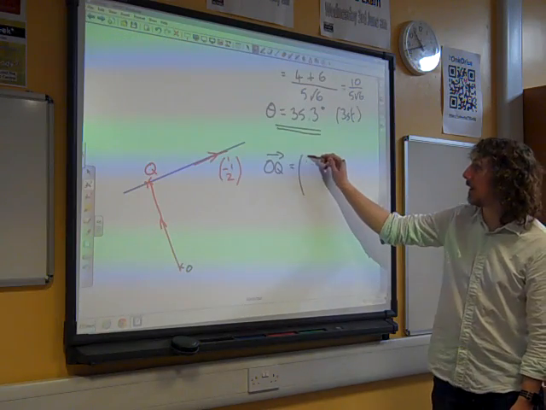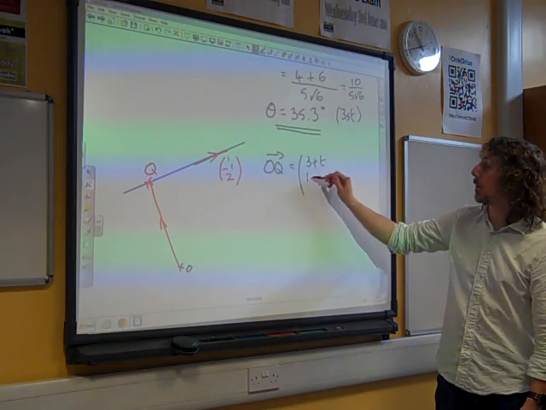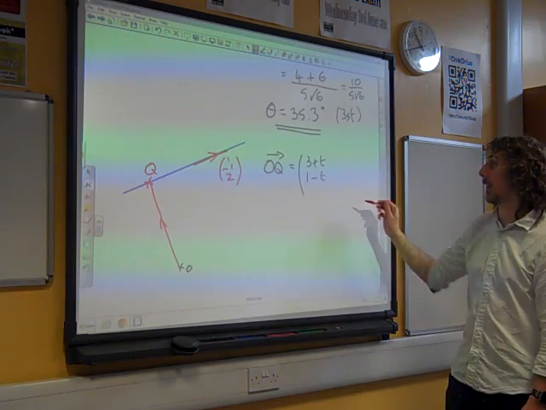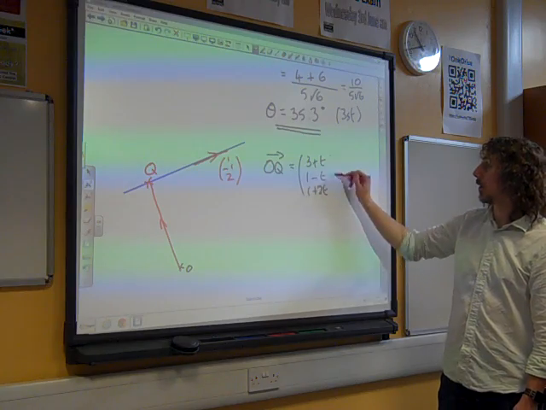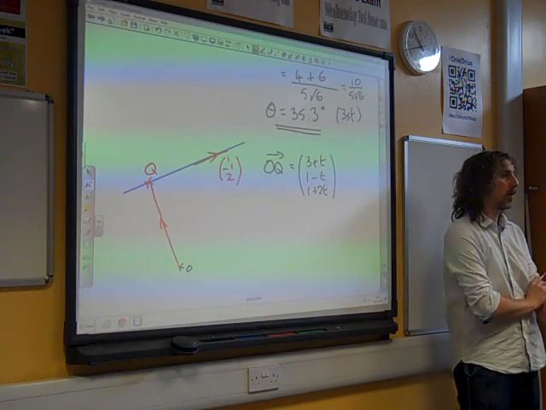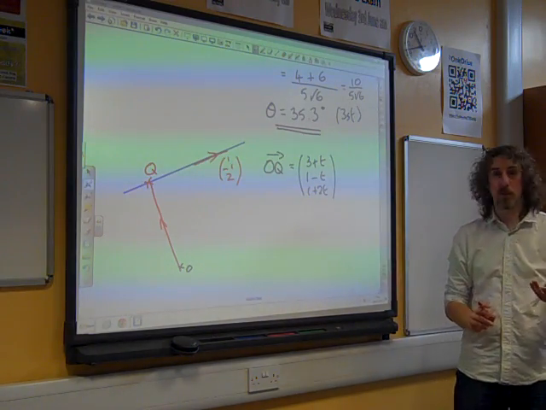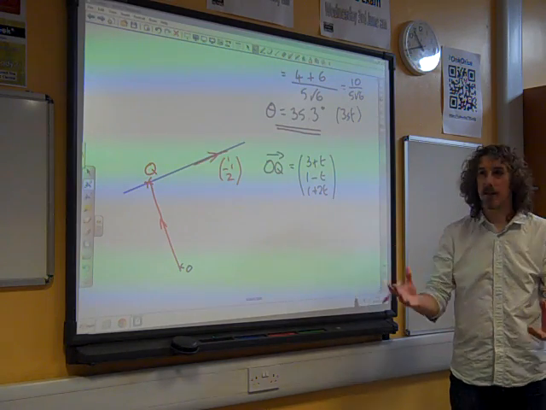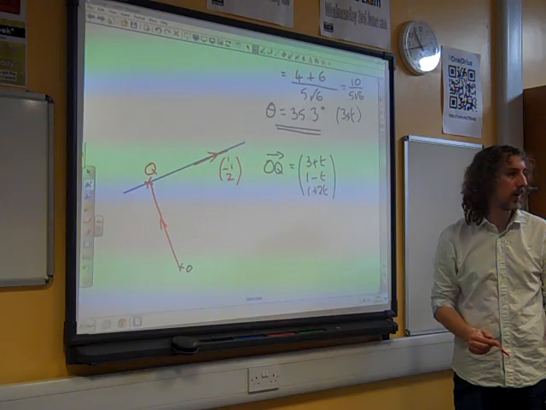So 3 plus t, 1 minus t, and 1 plus 2t as the components. So that's it.